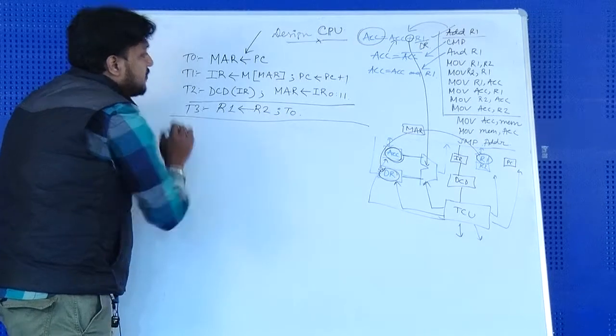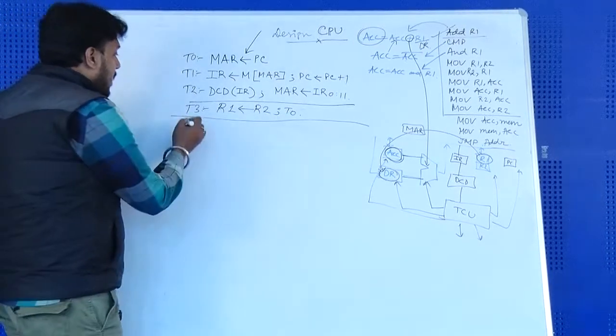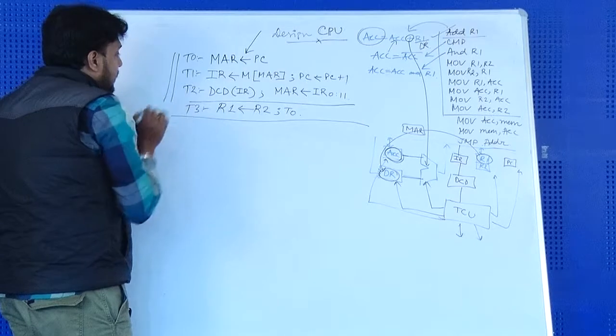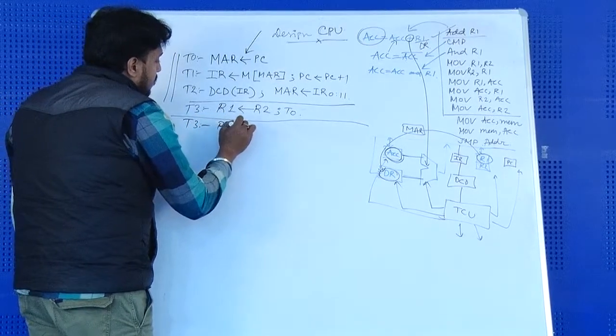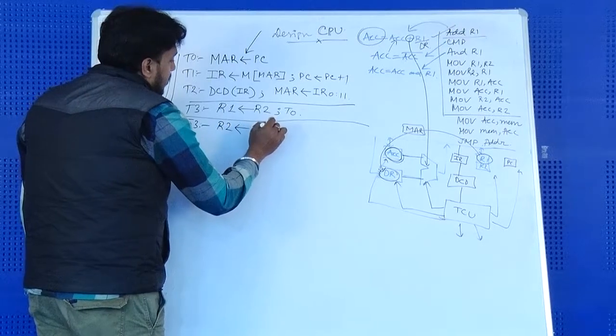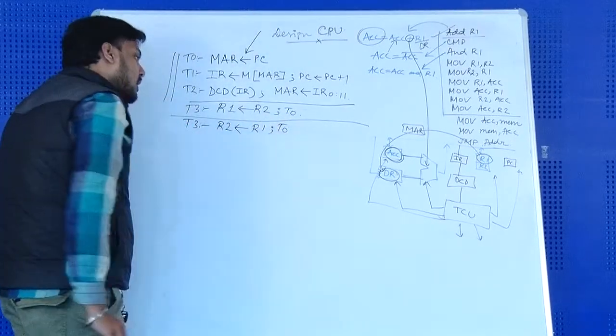Likewise, if we want to perform move R2 comma R1, then these three things will be common, and during T3 we have to perform R2 to R1 like this.